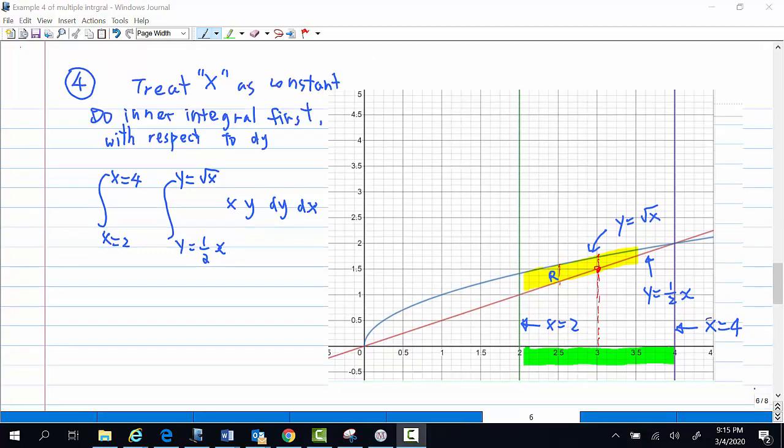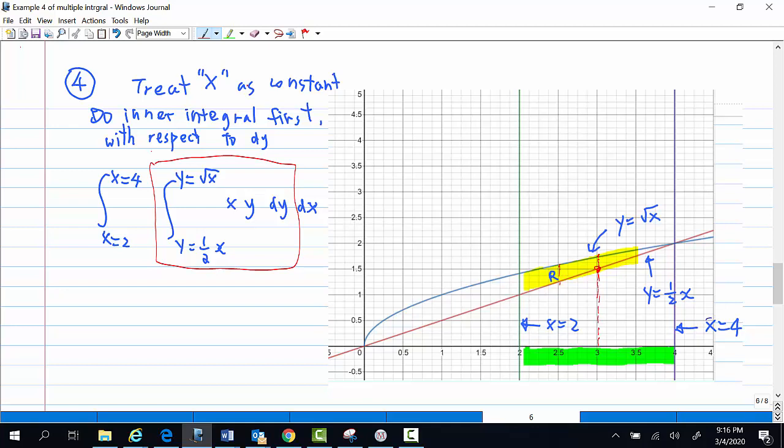Step number 4. Treat x as a constant. Do the inner integral first with respect to dy. What does it mean? The inner integral is this portion. y is a variable. x is a fixed constant now.